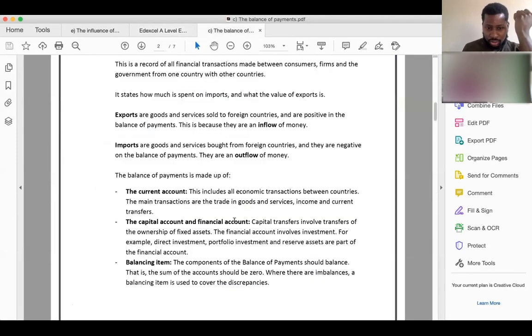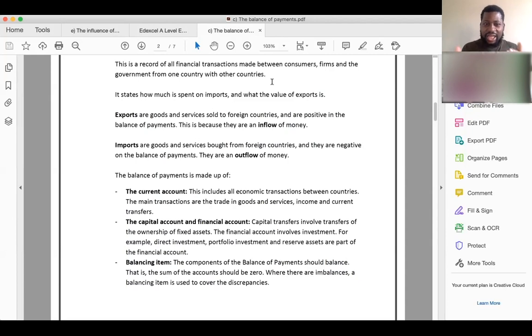Your capital and financial account simply represents investments in usually foreign companies, or ownership of fixed assets. If the country owns more than 10% of that company or asset, it goes on the capital account.